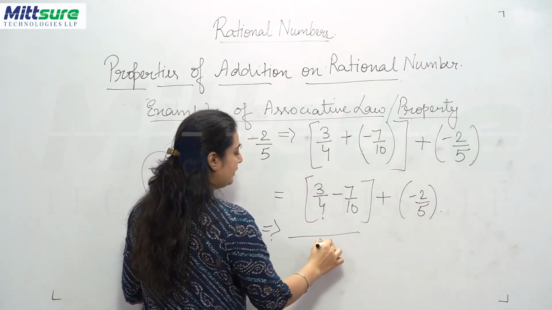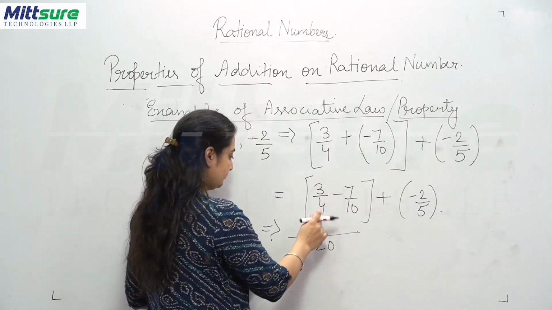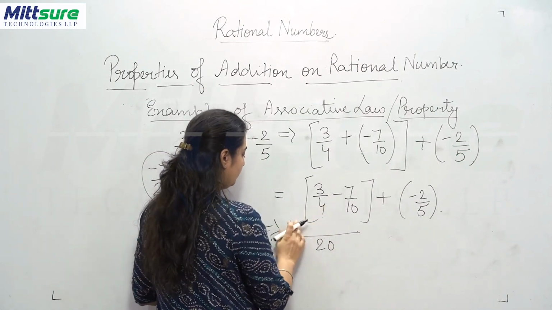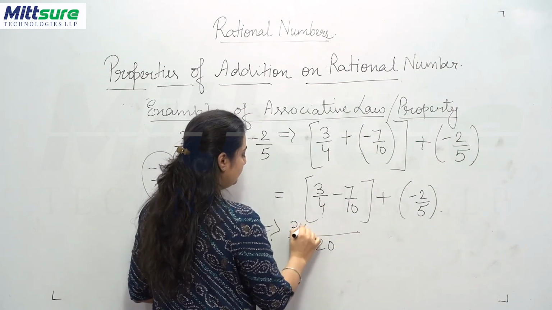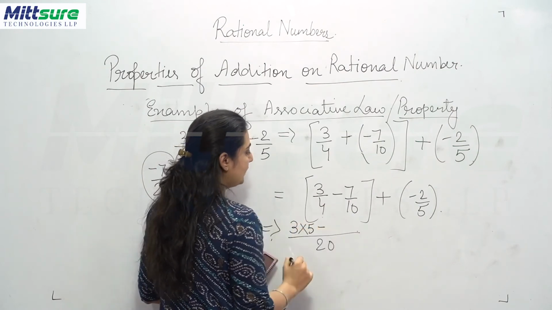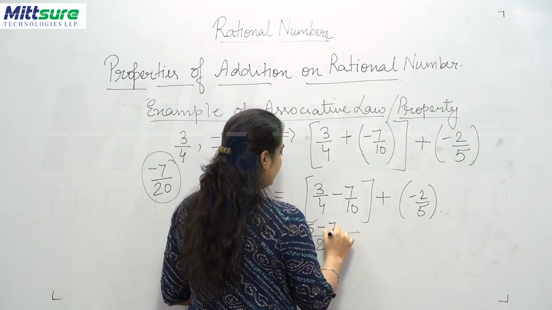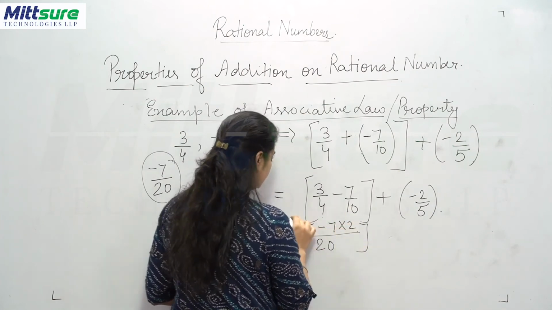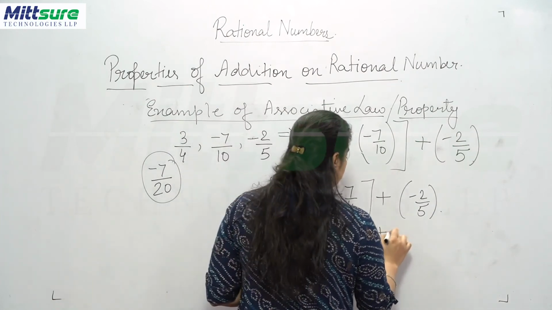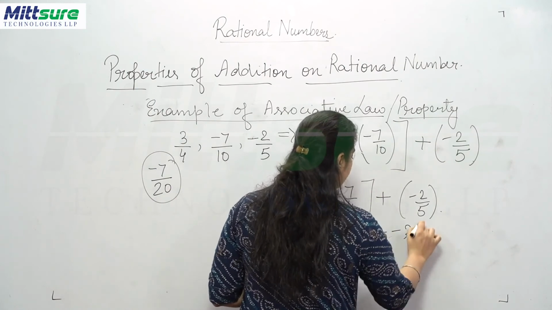Again, the LCM will come 20. 3 into 5 minus 7 into 2. Clear? This minus 2 upon 5 will remain outside.